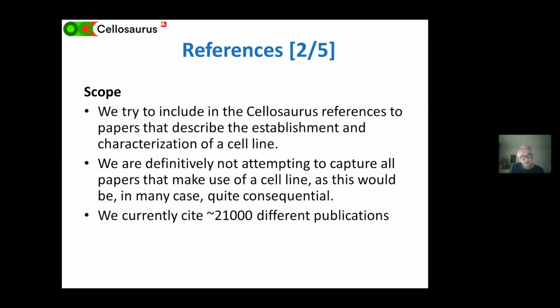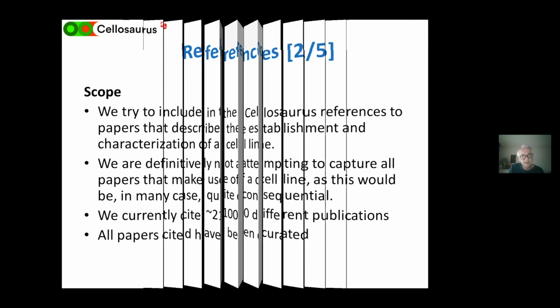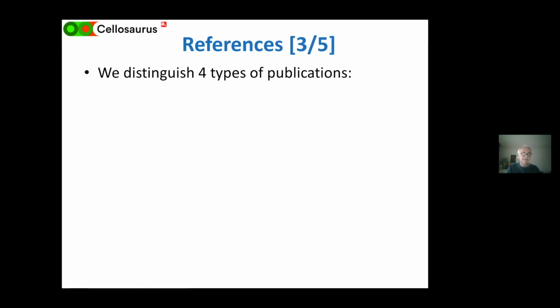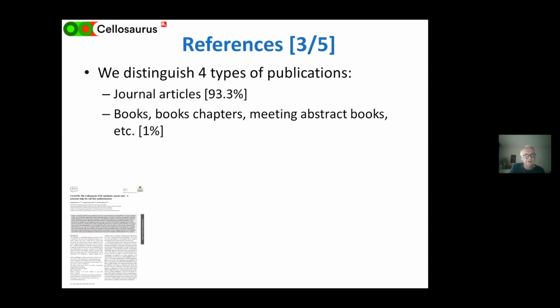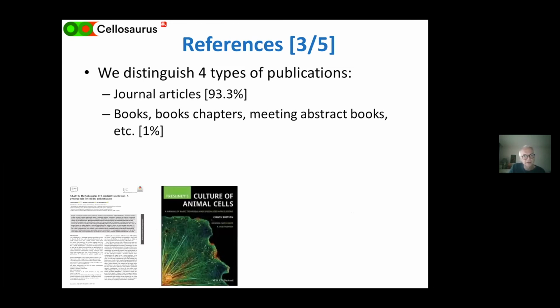We cite about 21,000 different publications. All papers cited have been curated. And here are 2 types of statistics. First, we distinguish 4 types of publication. Journal articles, which is basically a great majority of publications, 93%. Book chapters or books or meeting abstract books, which is only 1%.